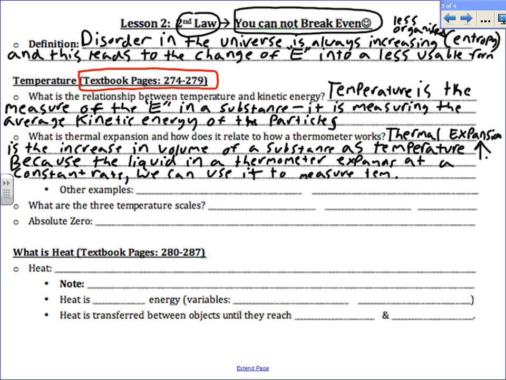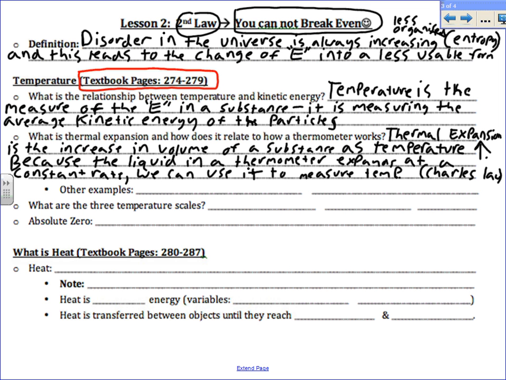And remember, this is looking at Charles' law. So remember, in that states of matter unit, you found out that when things heat up, they expand because those particles are moving really fast and they get farther and farther apart.